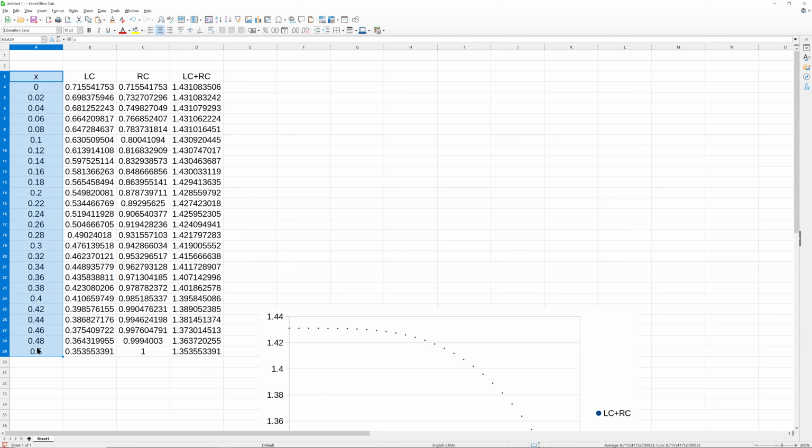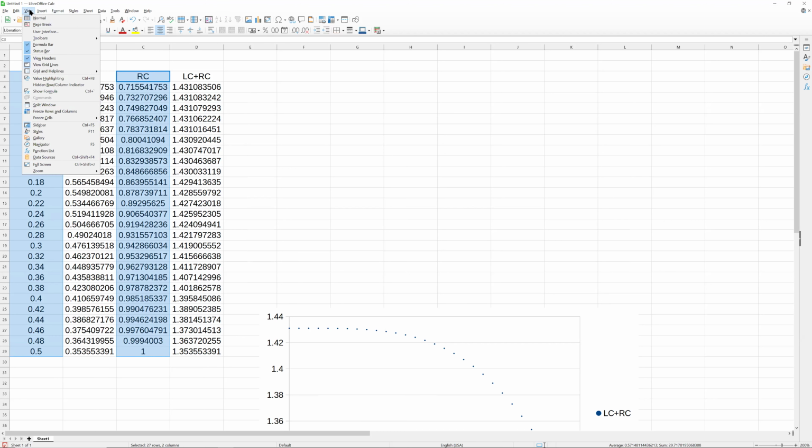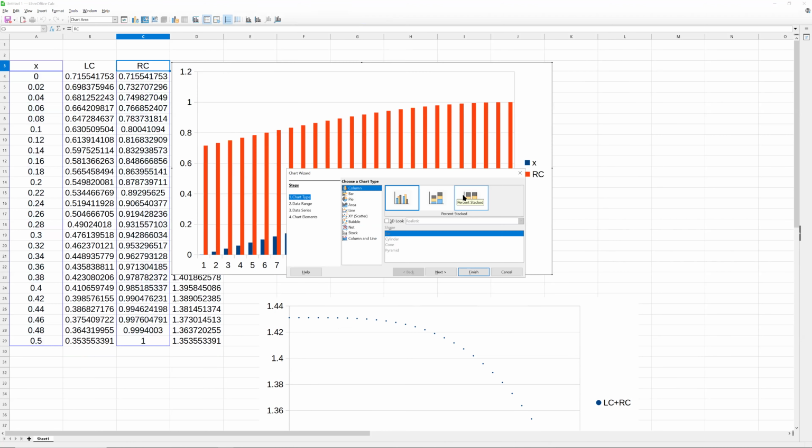I want to graph just this thing and this. And insert a graph, or a chart as they call it. And the kind I want to do is just an XY scatter chart. It looks like that. Oh, there we go. Okay, that's better.